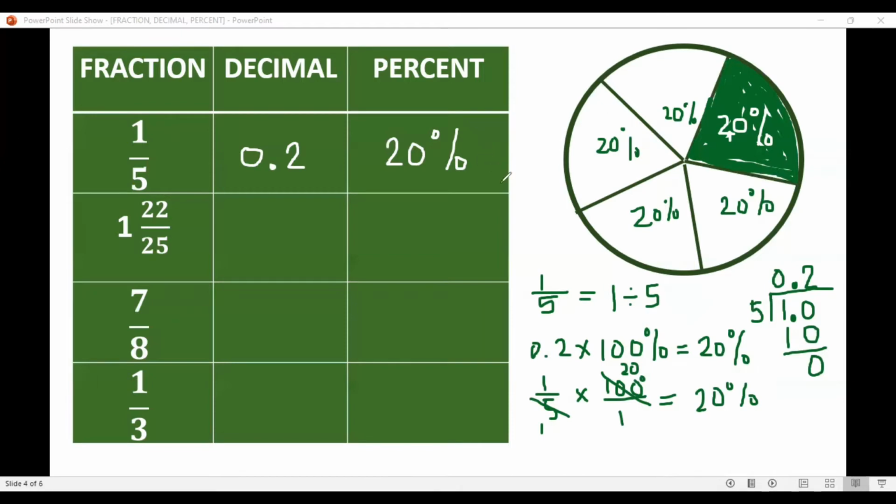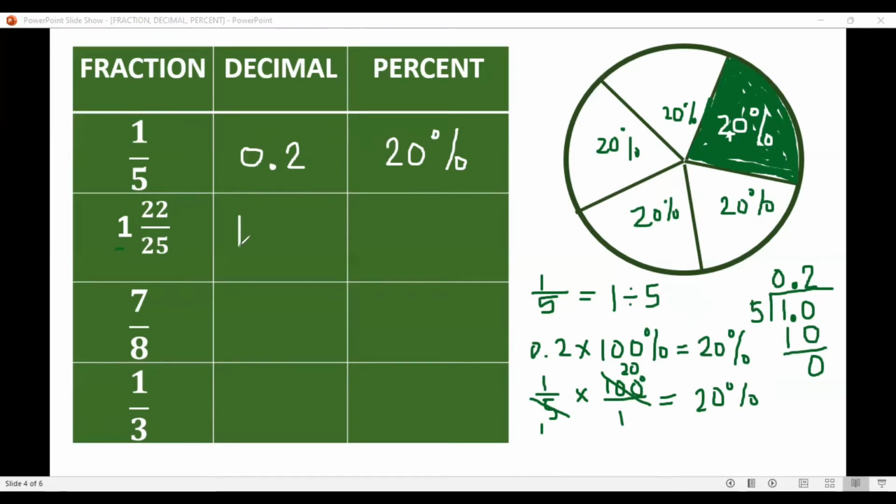But it is not advisable to do all the drawing. So that's why there are processes involved if you are changing a fraction to decimal and then having it in percent. So for example, you have 1 and 22 over 25. The 1 here is automatically your whole number.